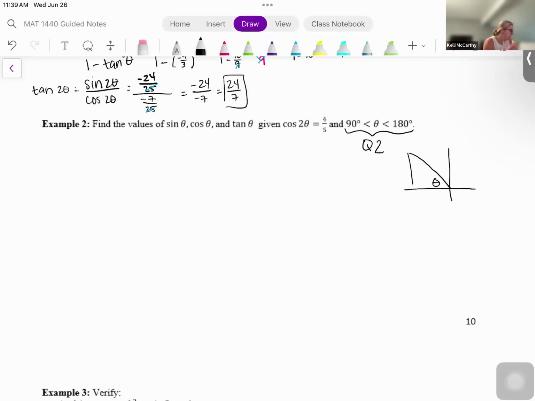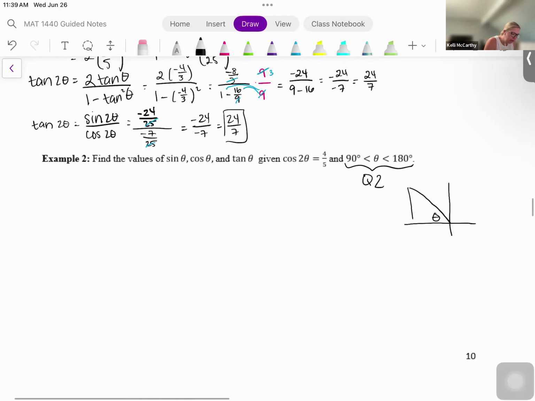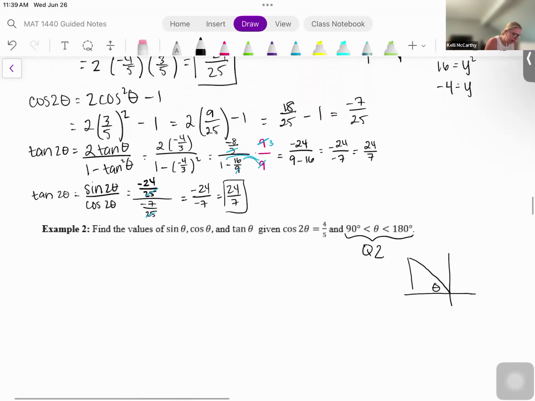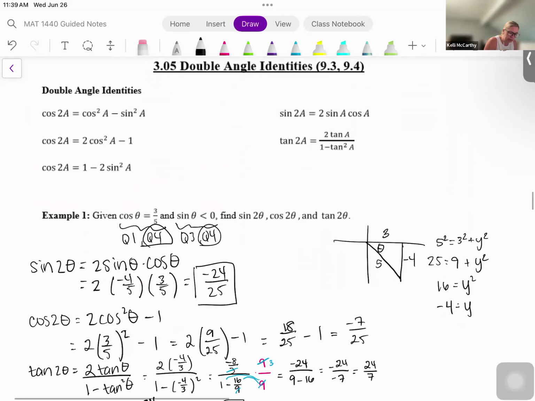Now, before I can start labeling my picture, I do want to figure out some of these values, in particular, cosine of theta. If I know that cosine 2 theta is 4/5, I can go back and use one of these formulas to either find cosine of theta here or sine of theta. So I'm going to look for cosine of theta.